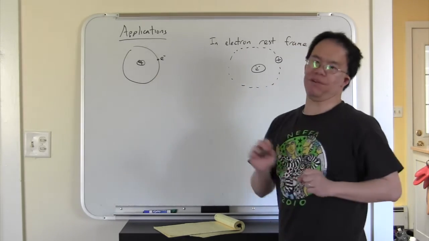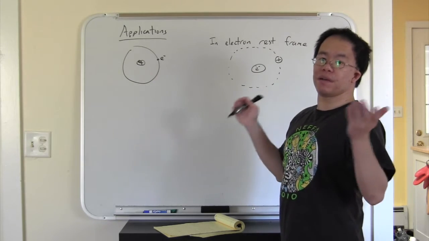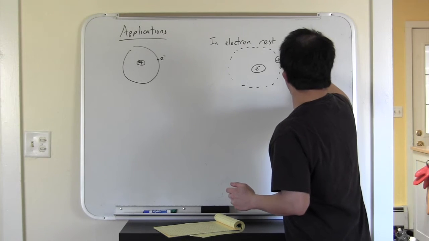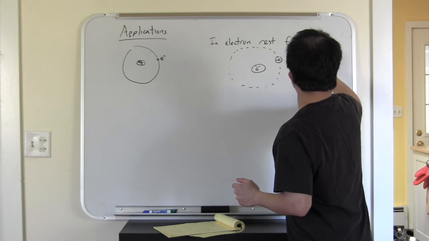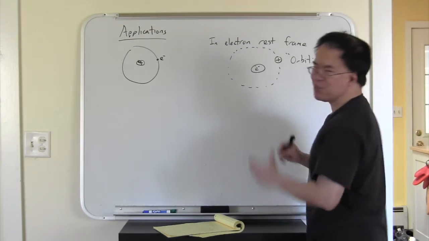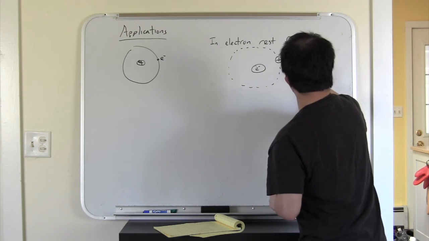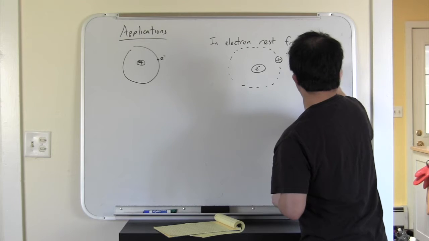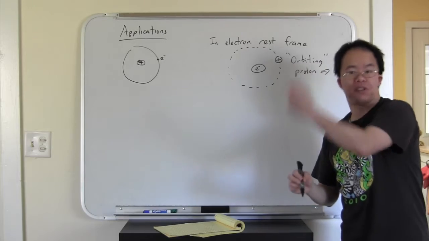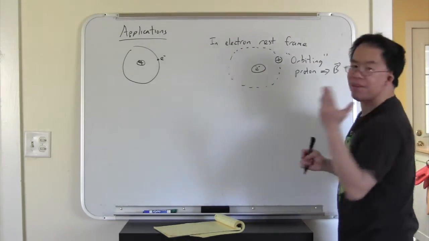So here's what the spin has to do with it. If I have this orbiting proton, that orbiting proton is an electric current. And I'm going to say orbiting with a giant grain of salt, because we know that's not quite right, but for purposes of being hand-wavy, we'll just go with it. The orbiting proton creates a magnetic field because a little orbiting charge is a current, which is a magnetic dipole, which generates a magnetic field.